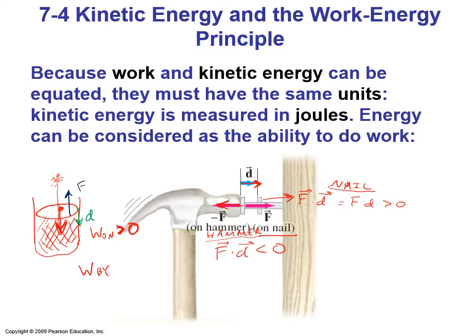So the work done by the gas is going to be equal to F dot D. Well, F and D are going in opposite directions, so it's actually negative the magnitude of F times the magnitude of the displacement D. So this shows that the work done by the gas is equal to minus the work done on the gas.